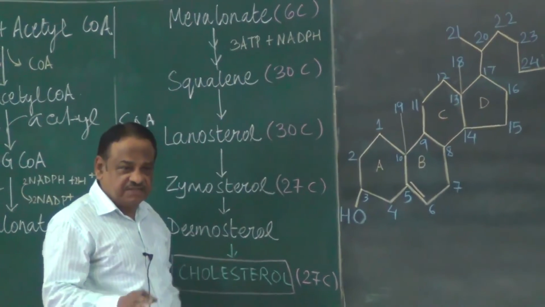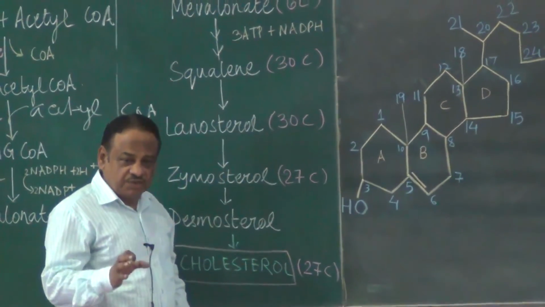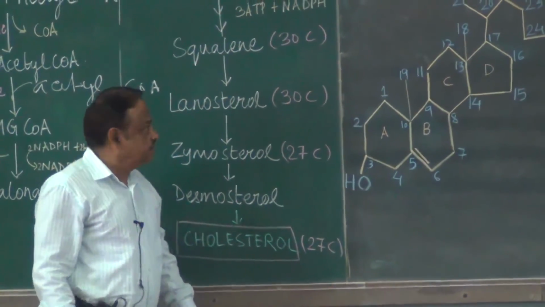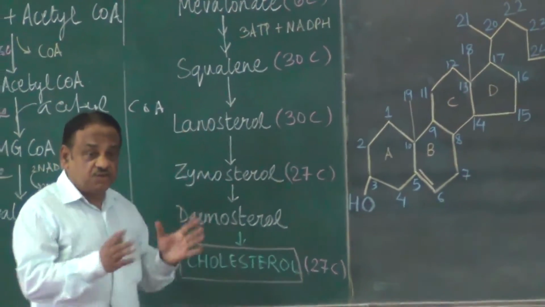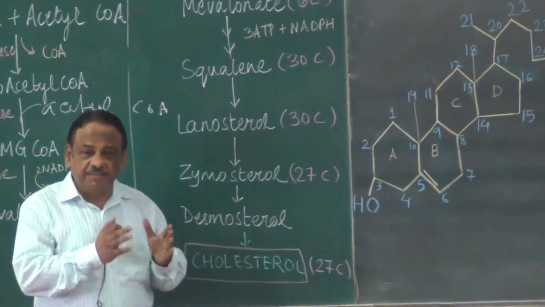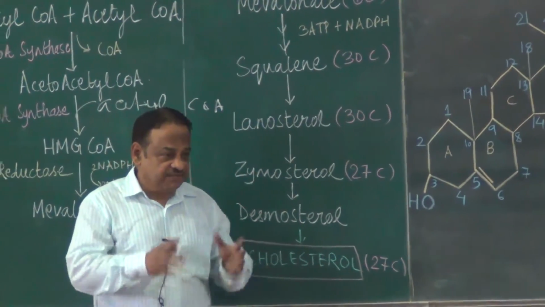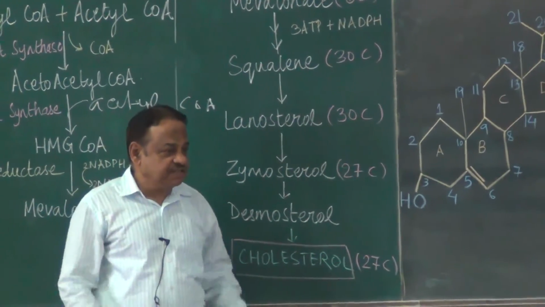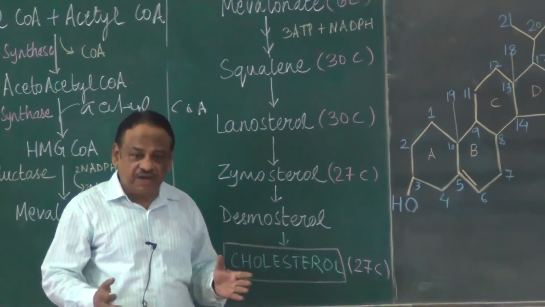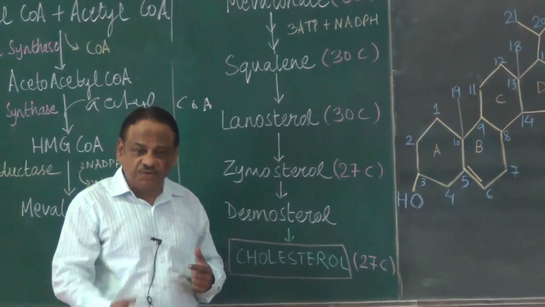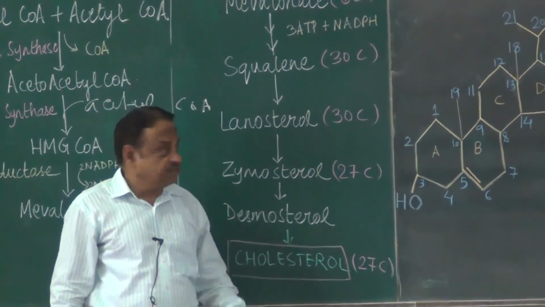The HMP shunt pathway is the major contributor of NADPH. That's why this pathway and the cholesterol biosynthesis coexist within the same cell, because NADPH is to be used for the cholesterol biosynthesis.